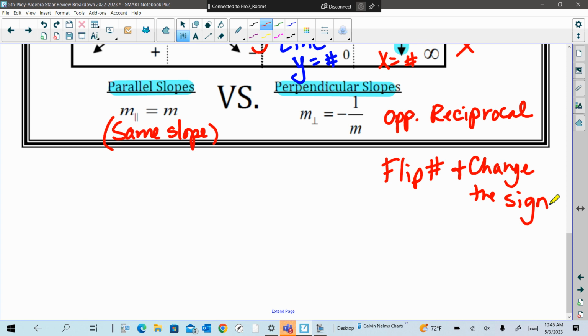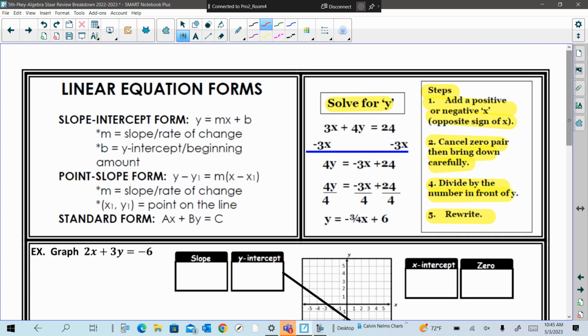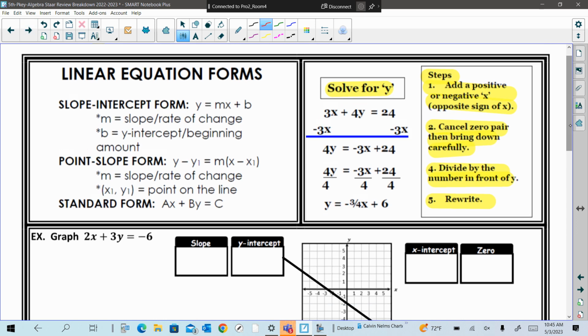Do we have this page so we can finish the examples? What we're going to look into for this objective 2 is the different linear equation forms. Basically, you have to be able to solve for y. This one is just an example done for you.